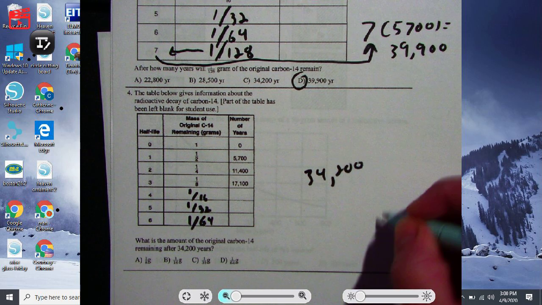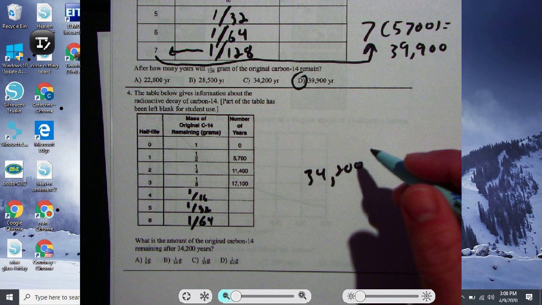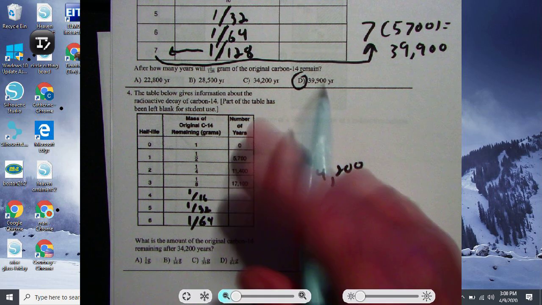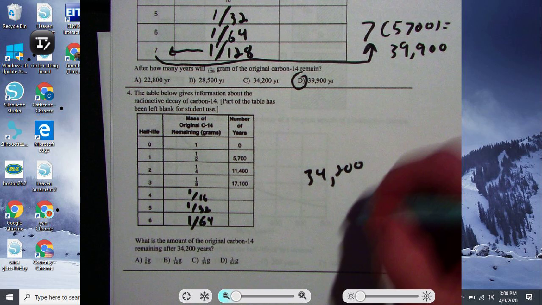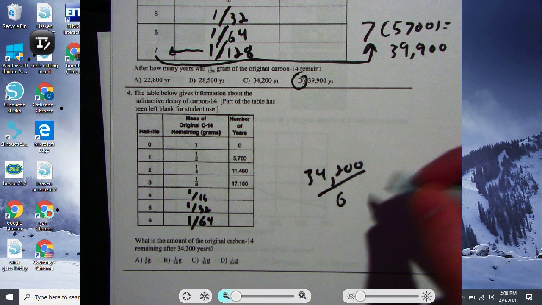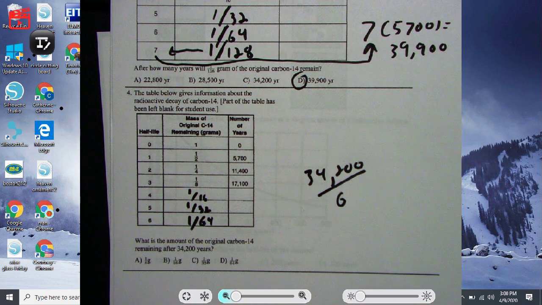We've got 34,200, and here's a little trick. When you have a chart like this, usually they're asking for the last one. Just to double check, we divide that by 6. Usually. Don't guarantee it, but usually.